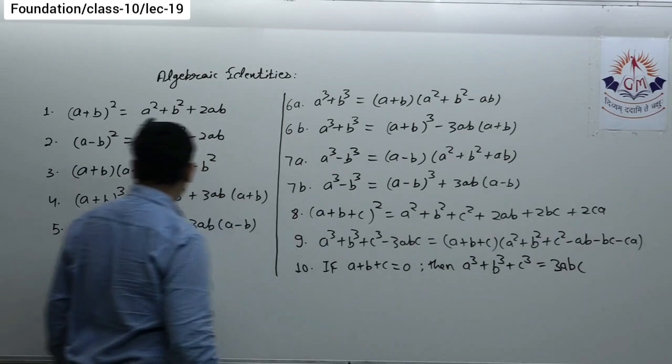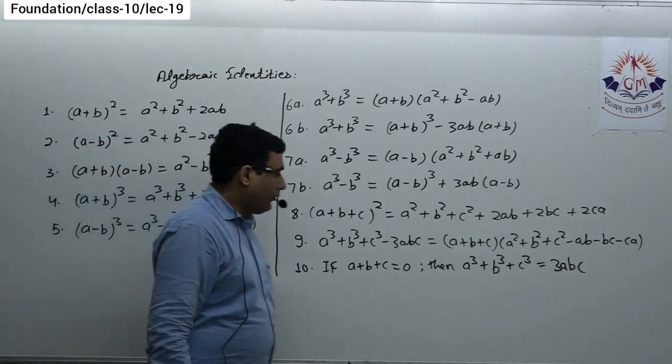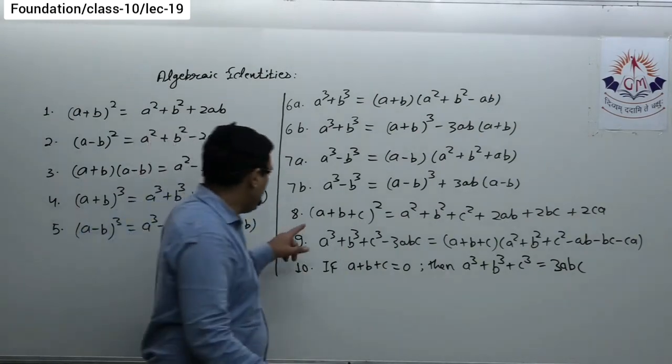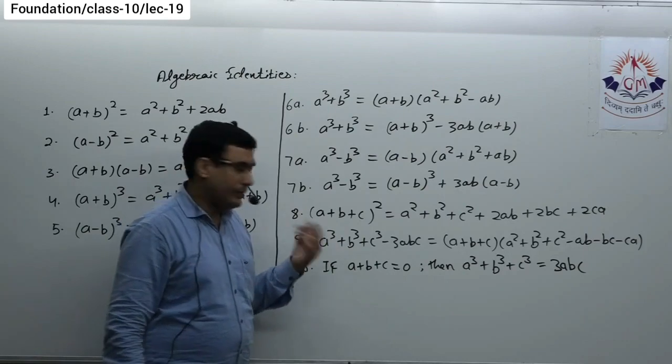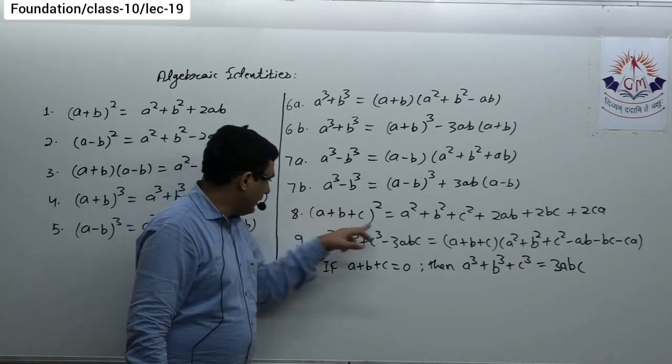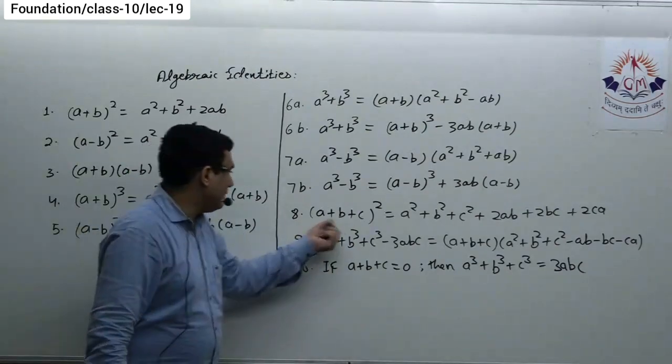So these are the 10 identities on which we'll see the questions. First of all, note down these identities. Then I will discuss this identity once again, because there are 8 different variations in it. This one is the basic one, and for the remaining we will see that if I change the sign, what the result will be.